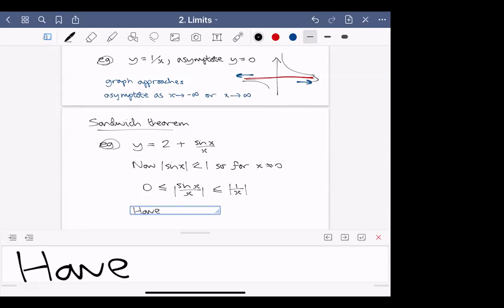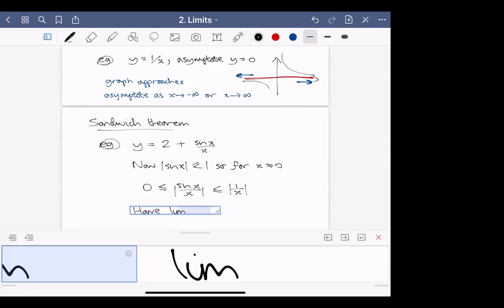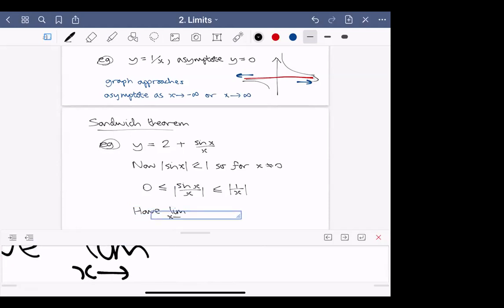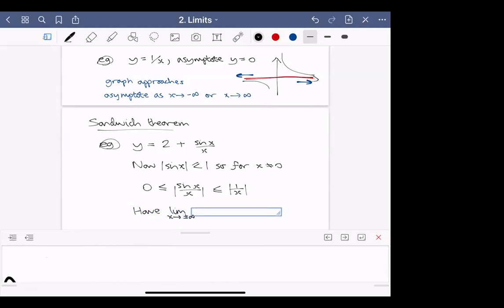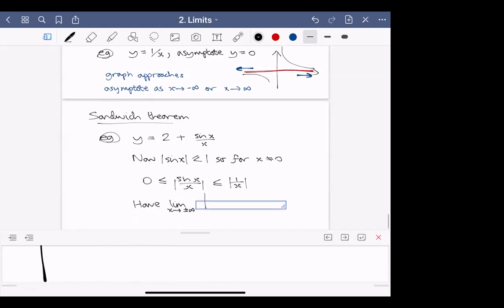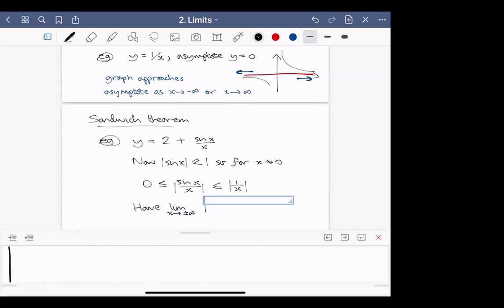And we have the limit as x goes to plus or minus infinity of the absolute value of 1 over x is 0.